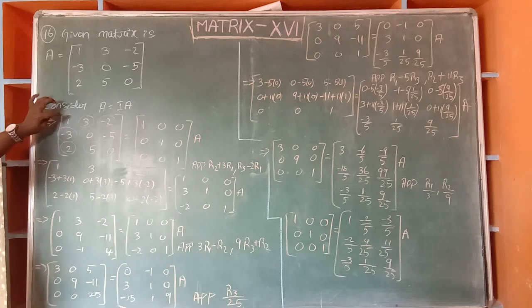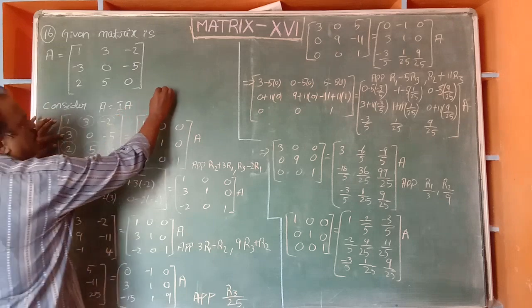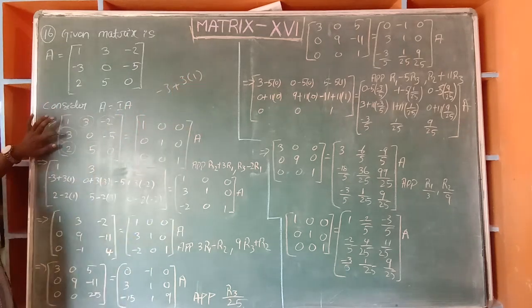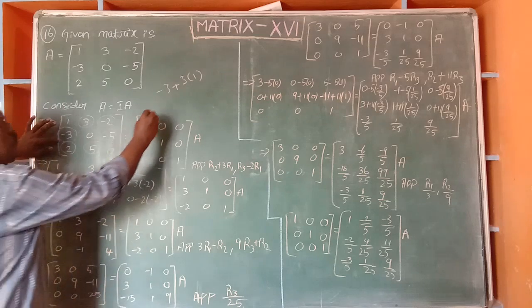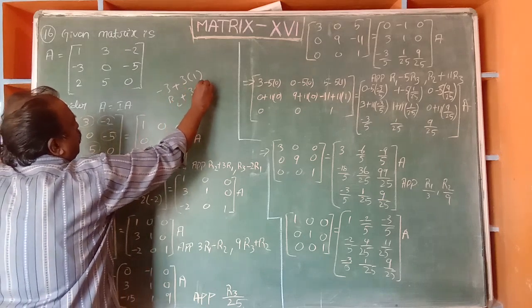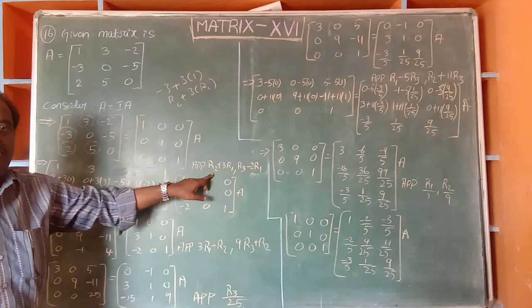With the help of this 1, minus 3 is seen as minus 3 plus 3 into 1. Will you agree? Minus 3 is R2 plus 3 into R1. So that is taken here.